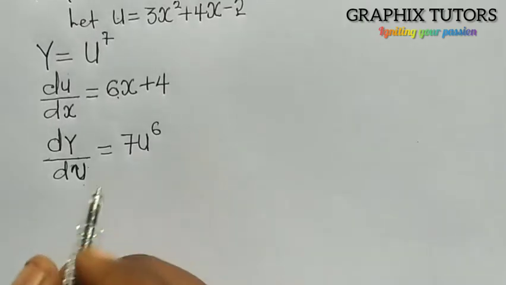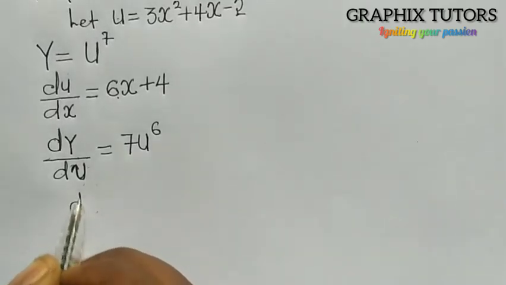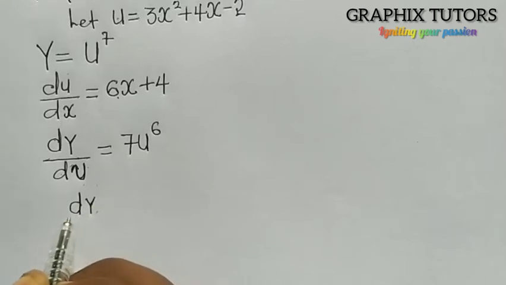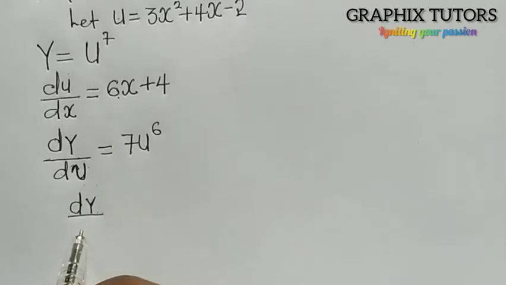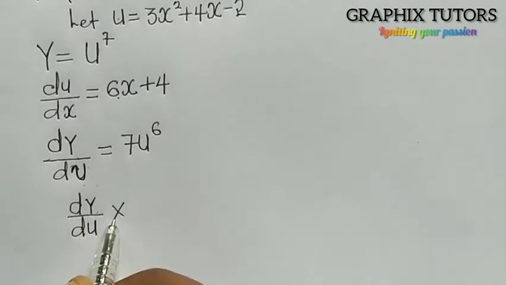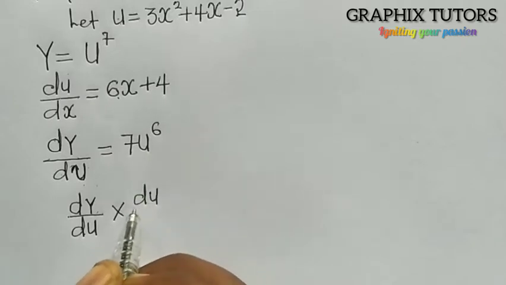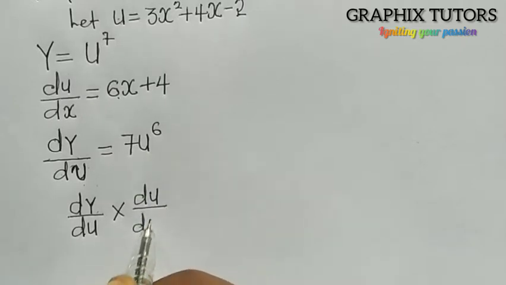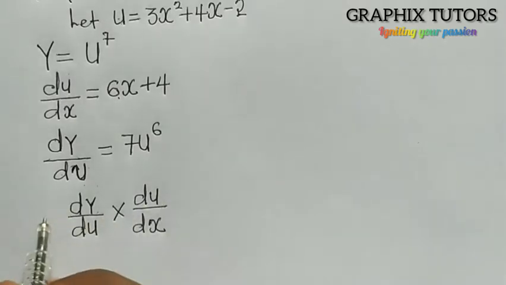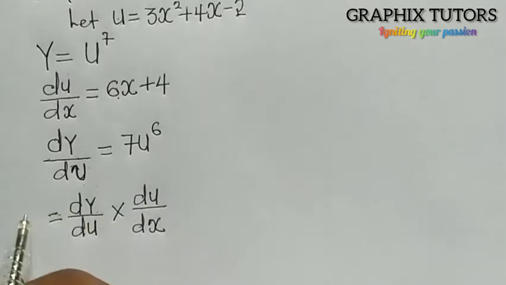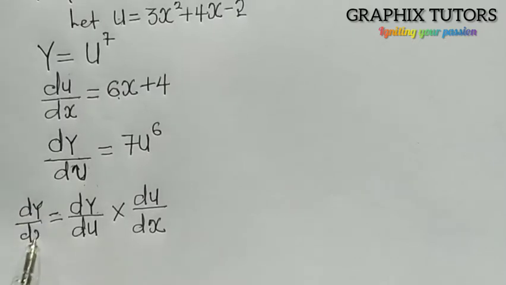So I will now say that dy over du multiplied by du over dx. Now if you look at this, the u cancels the u, so what will be left is dy over dx. So we're looking for dy over dx.